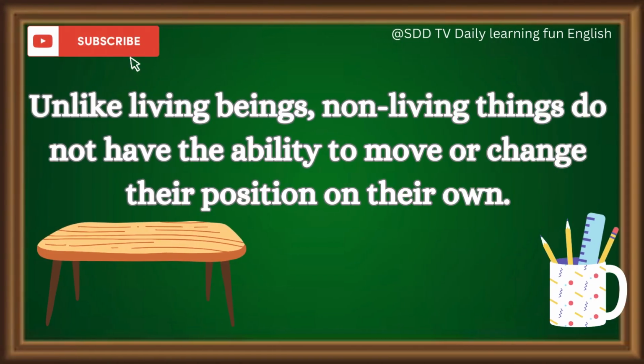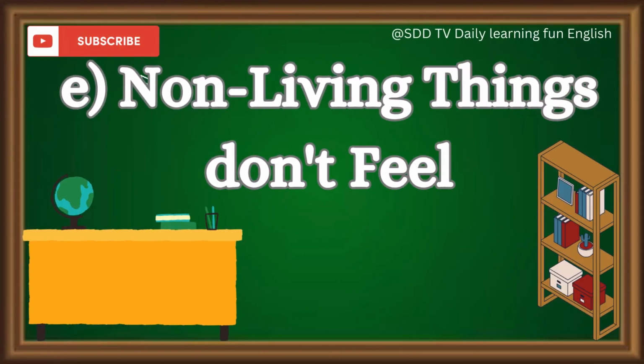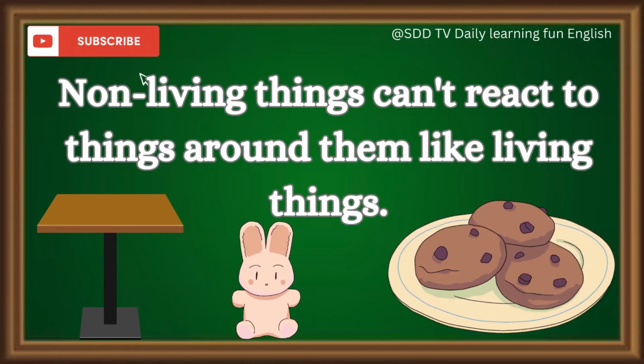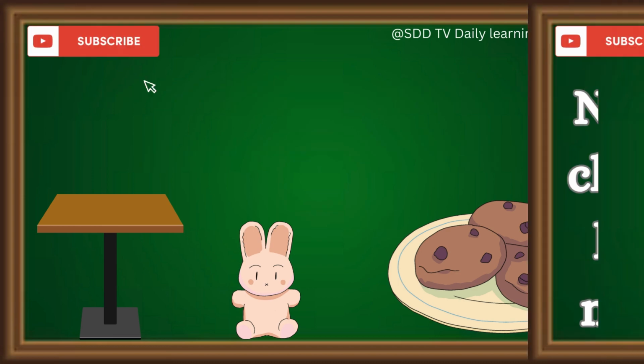Unlike living beings, non-living things do not have the ability to move or change their position on their own. Non-living things don't feel. Non-living things cannot react to things around them like living things.